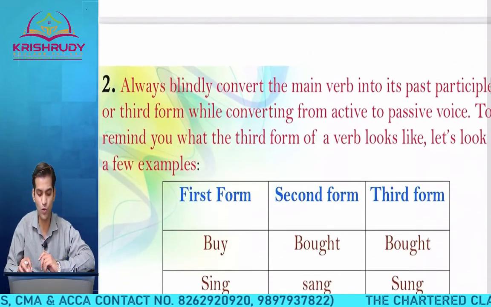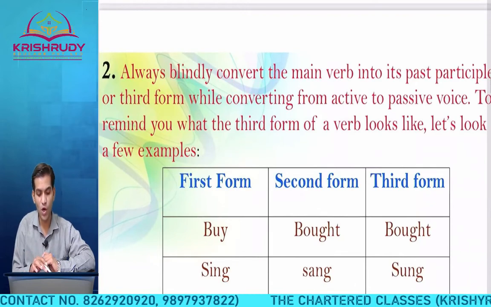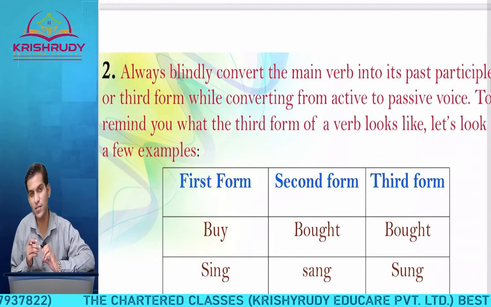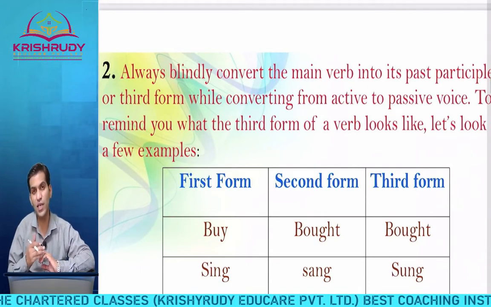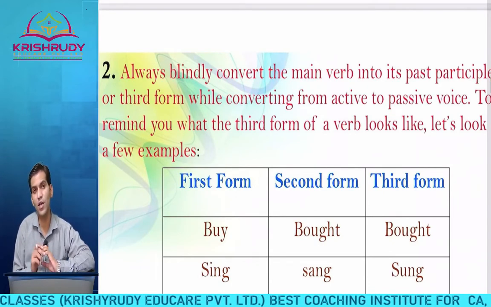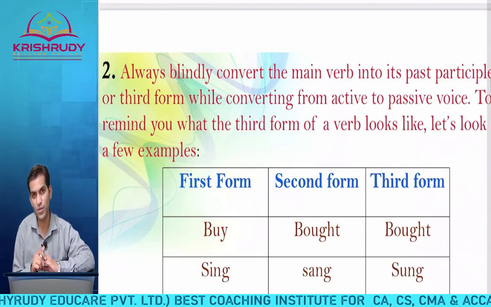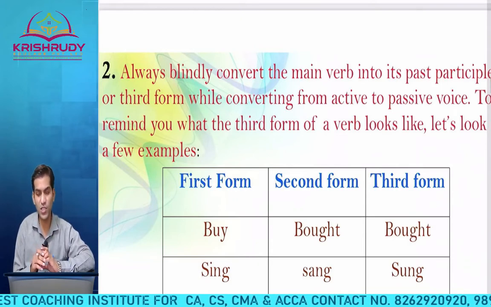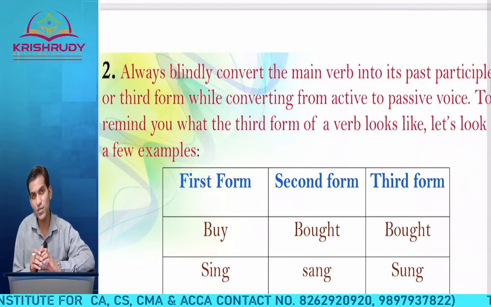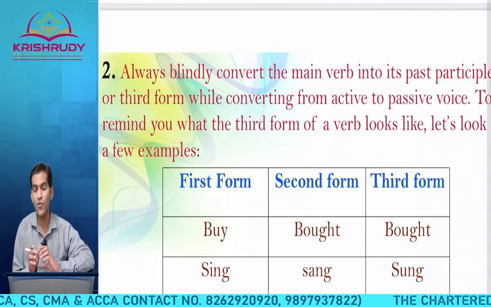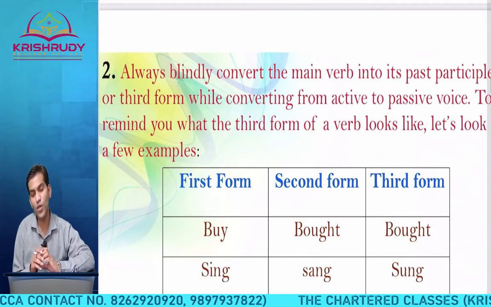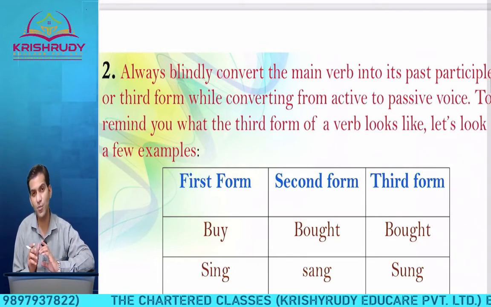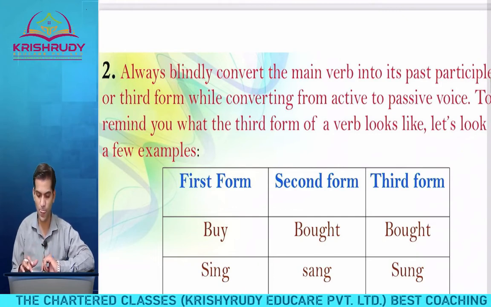Now rule 2, what does it say here? Always blindly convert the main verb. As you know, mostly active sentences are made by using a verb. And when we transform an active sentence into passive, we have to use the verb's third form, which is also known as the past participle form.